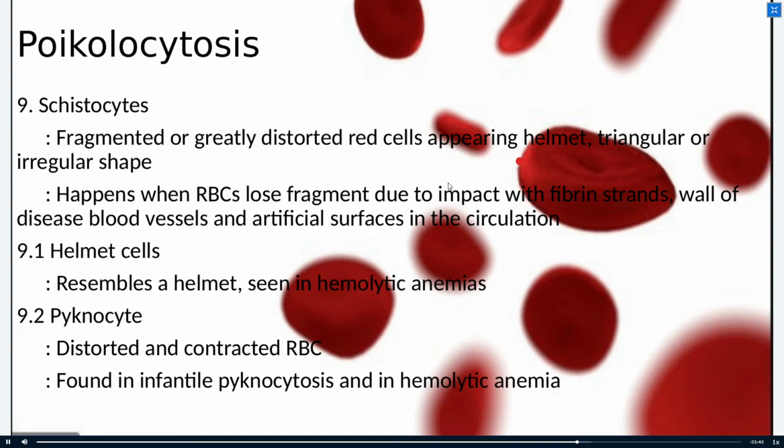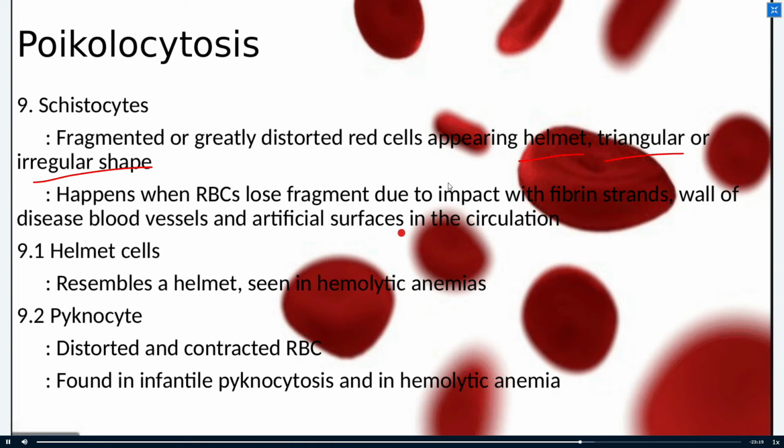They may appear as helmet, triangular, or irregularly shaped. Now, this would happen when RBCs would lose fragments due to impact with fibrin strands, wall of disease, blood vessels, and artificial surfaces in the circulation.